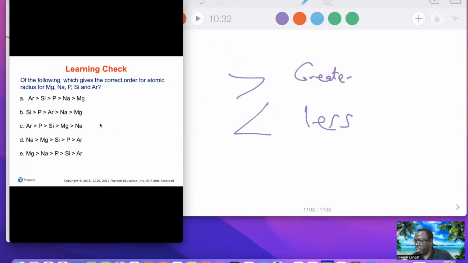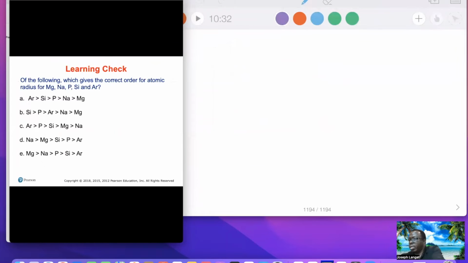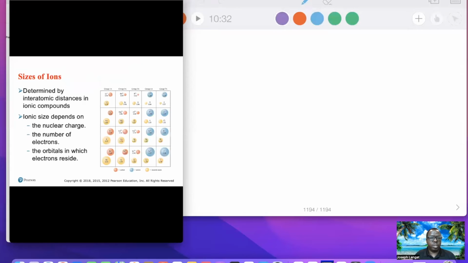This is just an example of how you may be asked a question on the trend in atomic radius, not necessarily that you must be given the actual numbers. But by just eyeballing and using the understanding of the general trend, you should be able to answer questions on atomic radius.